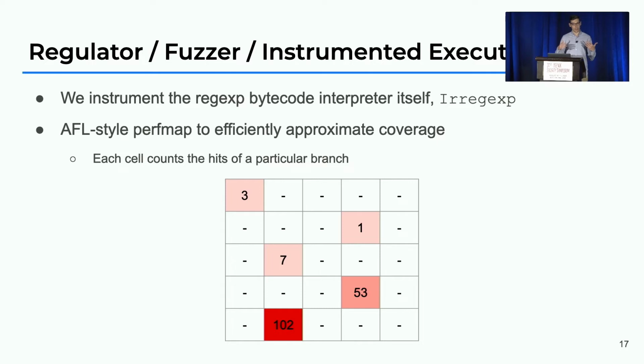In order to track execution and get feedback, we instrument the interpreter, and we use an AFL-style perf map to collect coverage. This is effectively an array of cells where each cell will count the hit count of branches that occur in the bytecode as it's running.